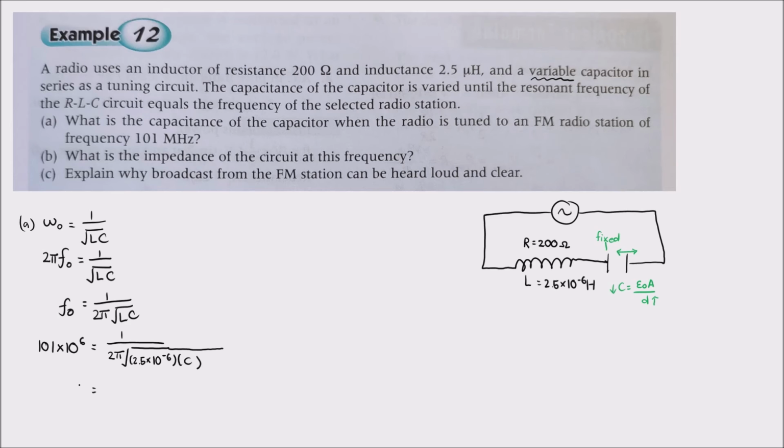If we do a bit of calculation, we'll figure out that the capacitance should be 1.00 times 10 to the power of negative 4 farad. That's the capacitance you should have for this capacitor in order to listen to the FM radio station of frequency 101 megahertz. So that's the idea.